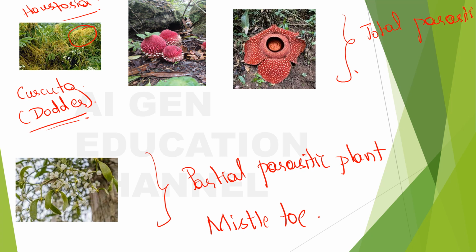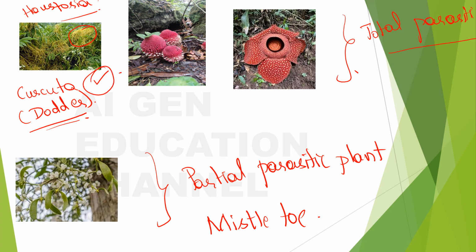As this is a totally dependent parasite, for every energy need it depends upon the host plant. So we call it a total parasitic plant, and it is a very important example that you can expect in your competitive exams.